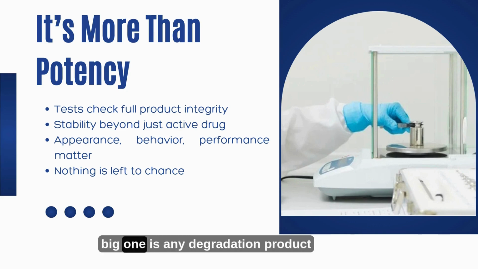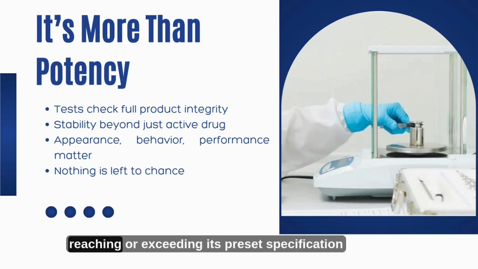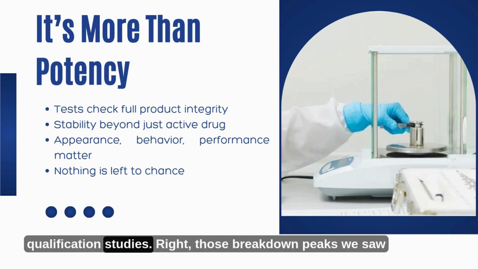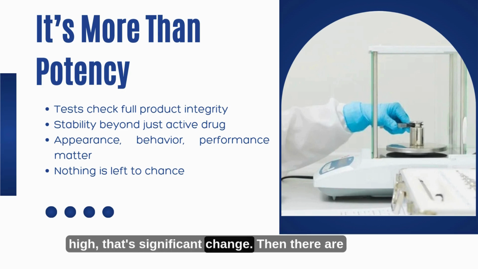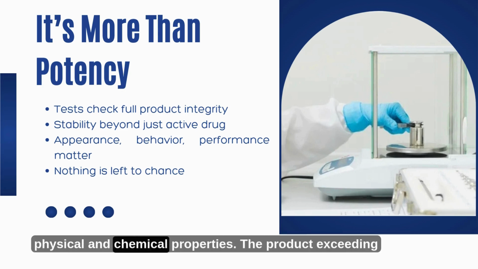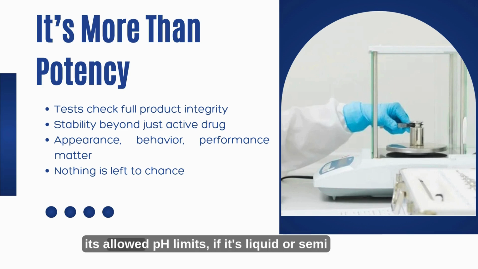Precisely. Another big one is any degradation product reaching or exceeding its preset specification limit. These limits are based on safety and qualification studies. Right, those breakdown peaks we saw in the chromatogram earlier. Exactly. If any of those get too high, that's a significant change. Then there are physical and chemical properties. The product exceeding its allowed pH limits, if it's a liquid or semi-solid.